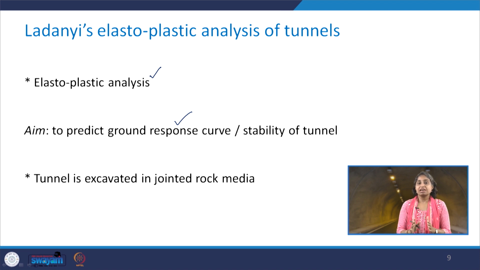The tunnel is excavated in a jointed rock media. If you compare this with the earlier analysis, which was the elastic analysis that we discussed somewhat earlier, there it was the rock that was assumed through which the tunnel was excavated, but here it is the jointed rock media.